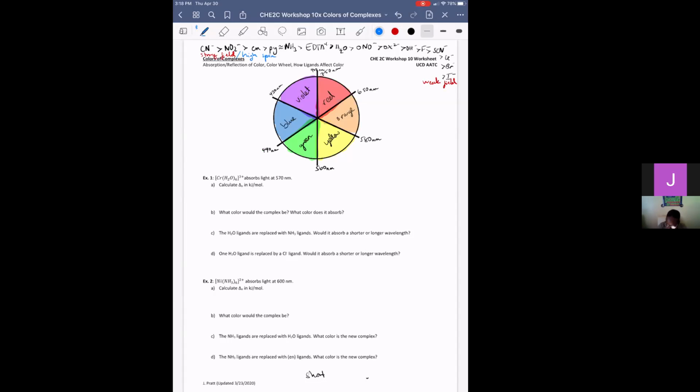And our weak field ligands are paired with our low spin octahedral splitting. Another thing that we can associate with our strong and weak field is that our weaker field ligands will have a longer wavelength when we think of our wavelength of visible light. And for our strong field ligands, they'll have a shorter wavelength.